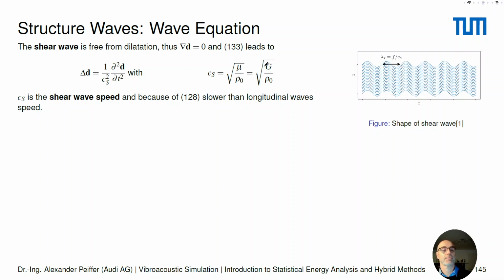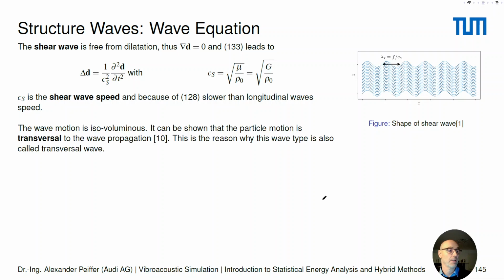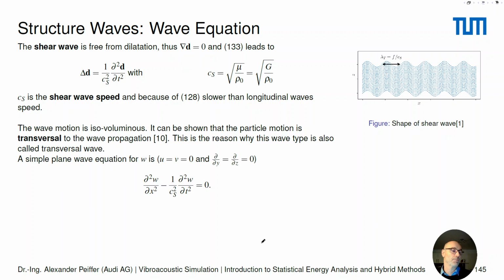That comes from the relationship between G and the modulus, and there's no change in volume. It's clear, it's definitely given by this. So this is isovoluminous, and the particle motion is transversal to the direction of propagation. So it moves in this direction, and the wave goes into this direction. This is why we call this a transversal or shear wave, because it's related to shear motion.